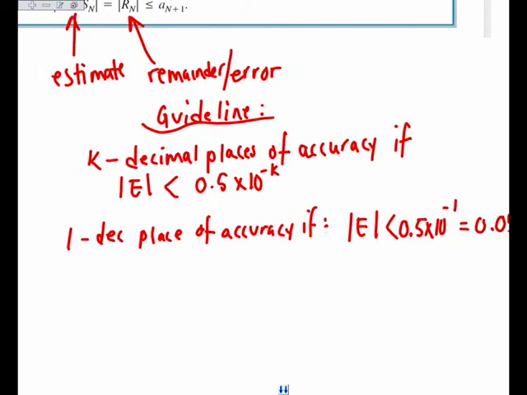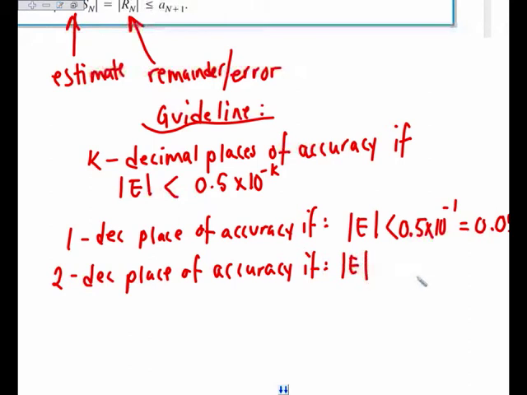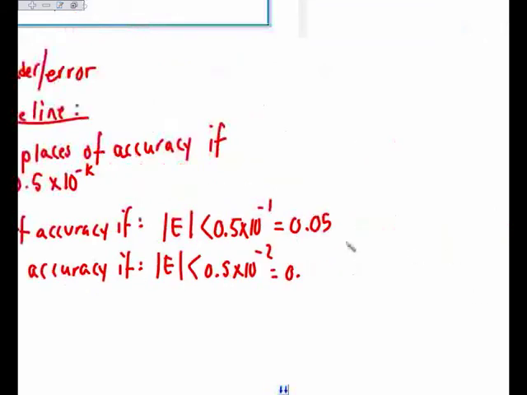If we wanted 2 decimal places of accuracy, we need the absolute value of our error to be less than 0.5 times 10 to the negative 2, which is equal to 0.005.